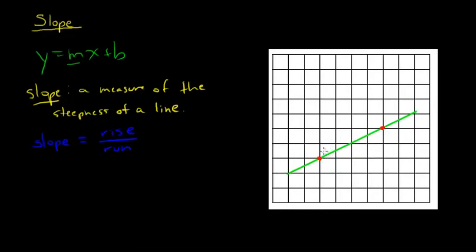So it goes up 1, 2, and it goes over 1, 2, 3, 4. 2 over 4. So the slope is going to be 1/2. Or you might even say 0.5. And that's all. So it's pretty easy to find the slope if you can just count how far up it goes or how far down it goes.